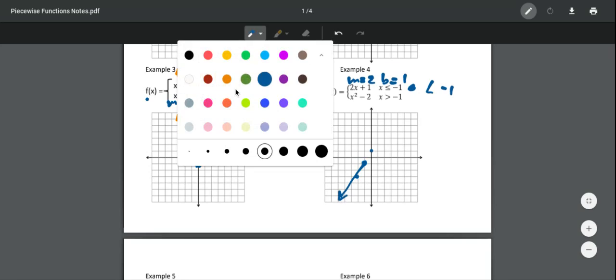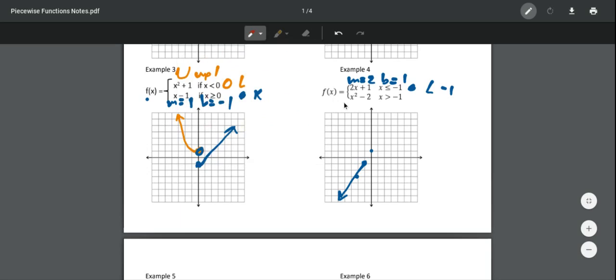This is a parabola shifted down 2. So this parabola would actually start here and go this way. But we have to include this -1, right? It has an open circle.